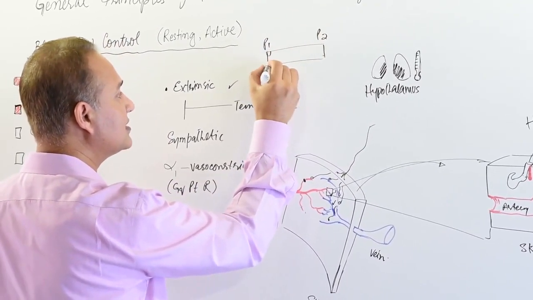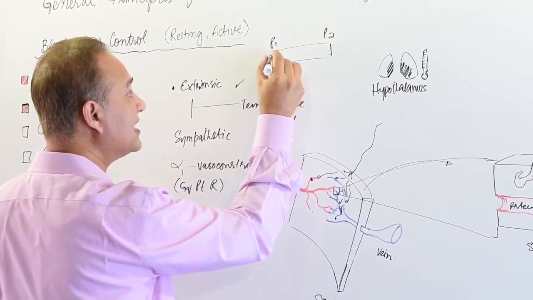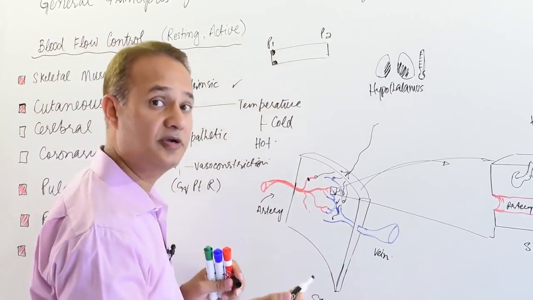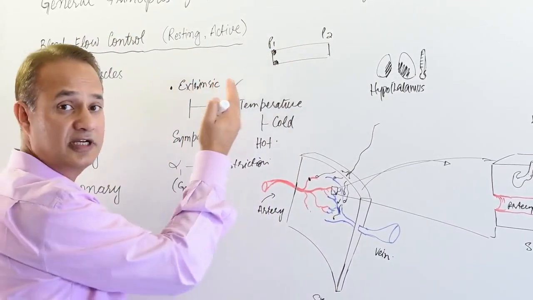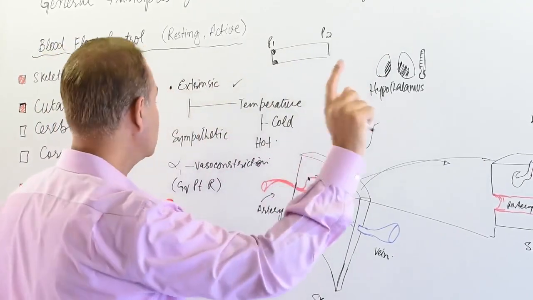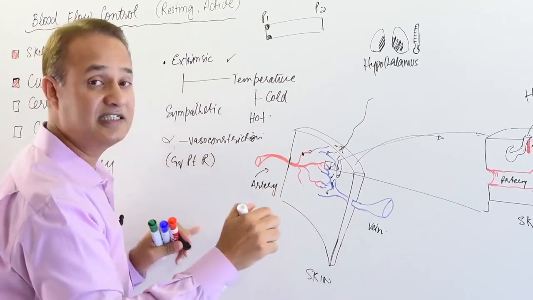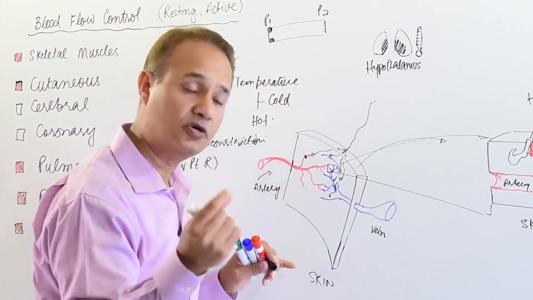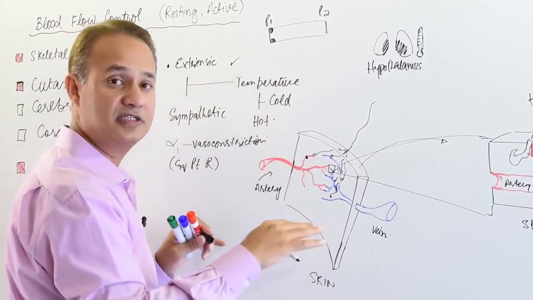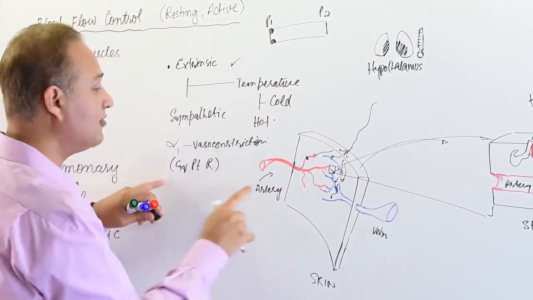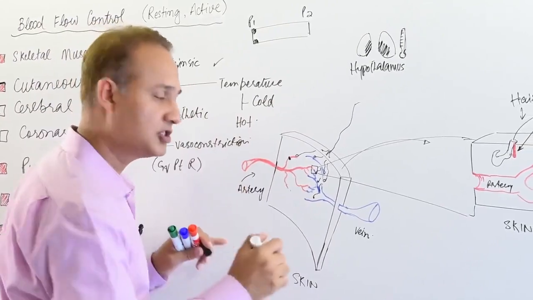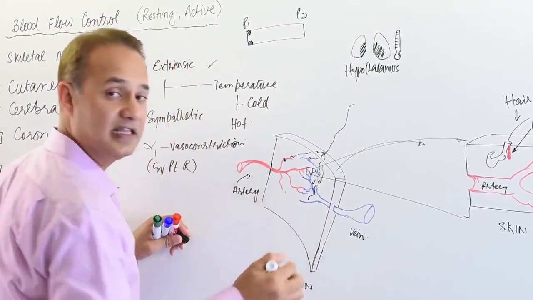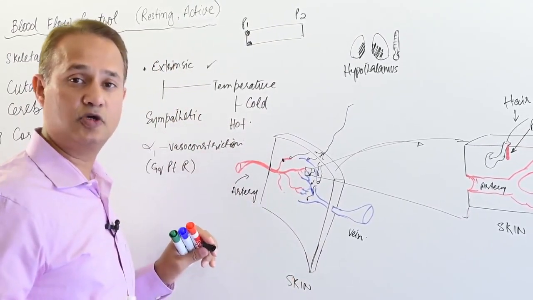So if you increase the resistance at the beginning part, then the pressure in the rest will reduce. Pressure upstream will increase, but pressure downstream will reduce. So when we have vasoconstriction of arteriolar sphincters or arterioles, then the blood pressure in the skin would reduce. And when we have venoconstriction of the veins, then the blood volume in the skin would also reduce.